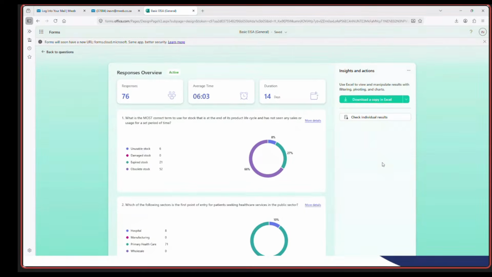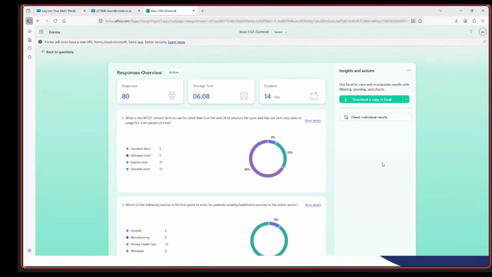Unusable stock is a small part. It is because it was not used, so it is not the full description. Unusable stock is not, per se, at the end of the product's life cycle, so that one is not applicable. There was nothing mentioned about damaged stock, so no respondent answered that one.